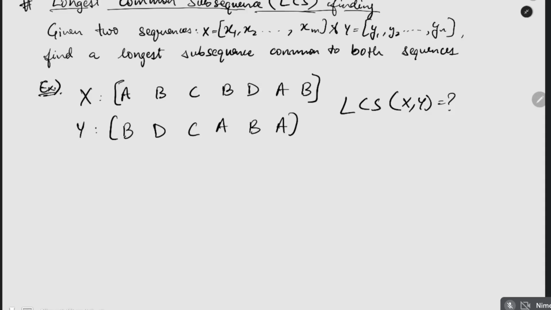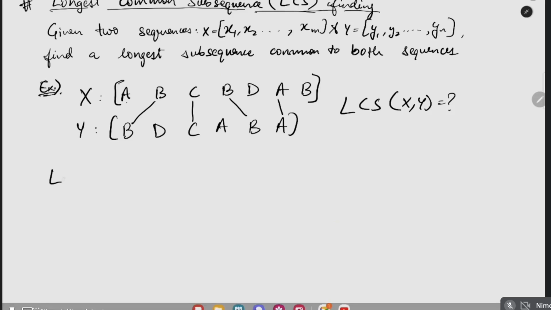But for this one, we can see that if we iterate over x, every time we match with y, we start looking for the next index in y, or the index that comes after the previously matched index. Right? So B matches here and A matches here.